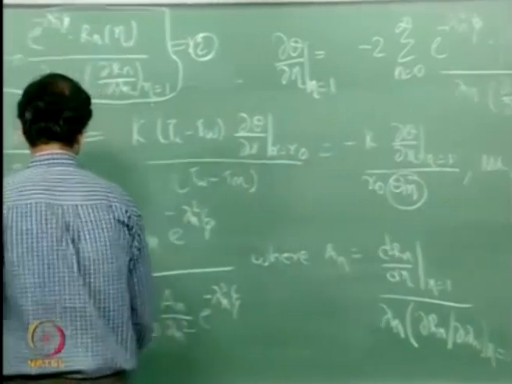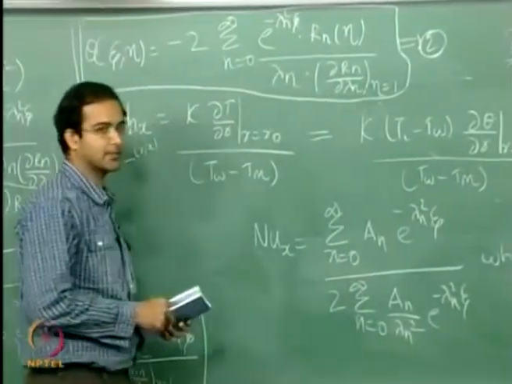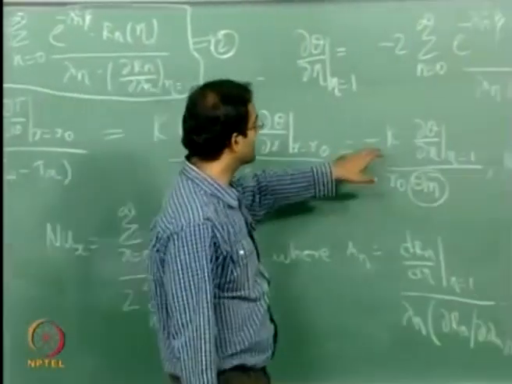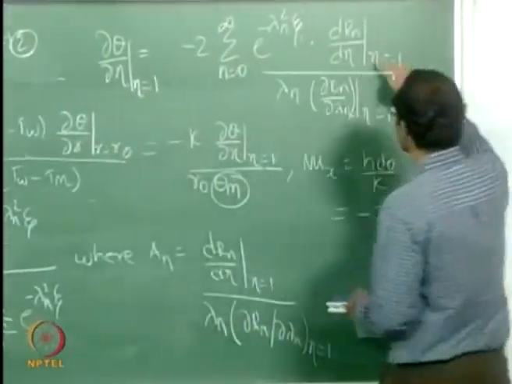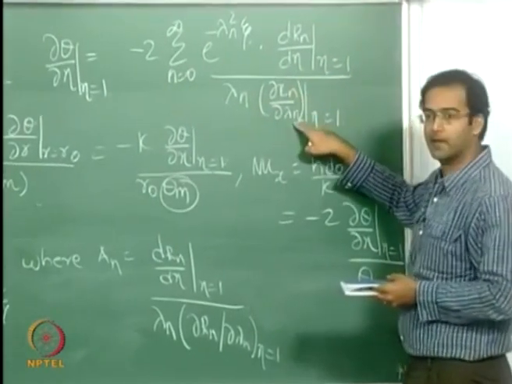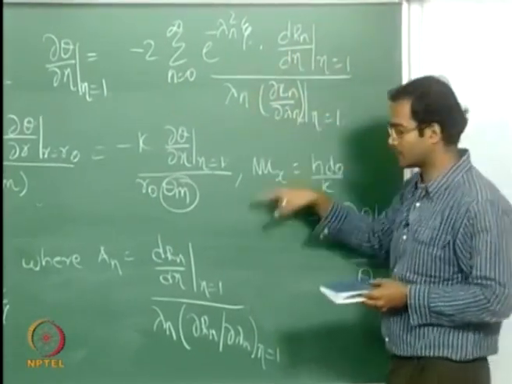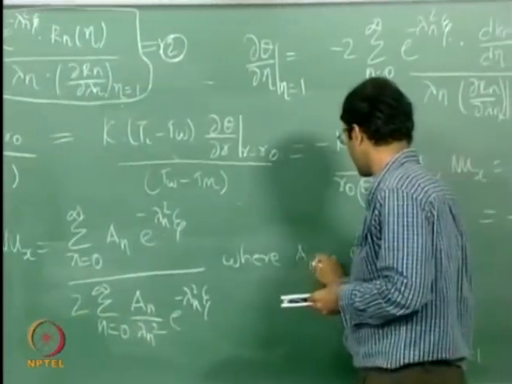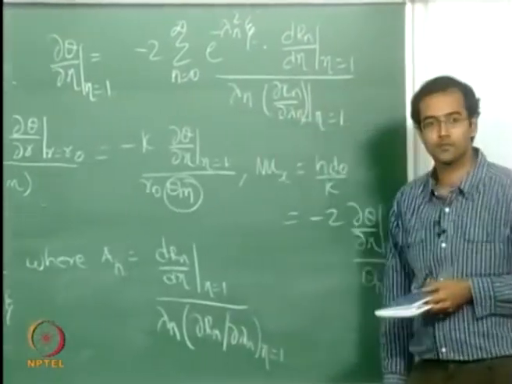I will give you a couple of minutes, you can substitute and check for yourself. It is just straightforward. I am just grouping this entire term dr by d eta divided by lambda into dr by d lambda. This has a constant which is a function of n, so I call this an.